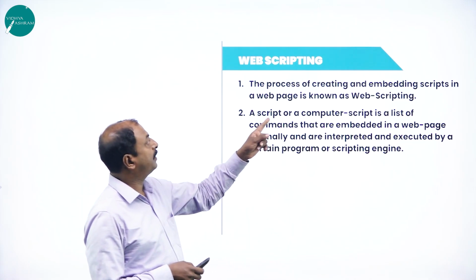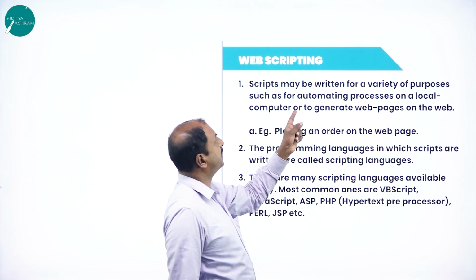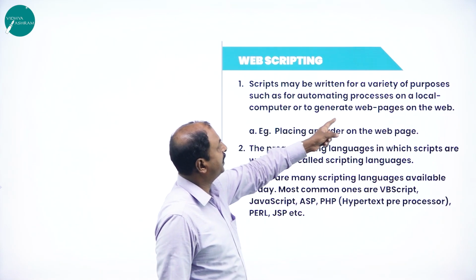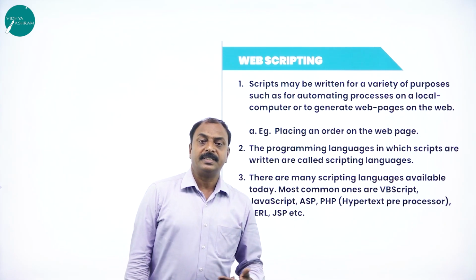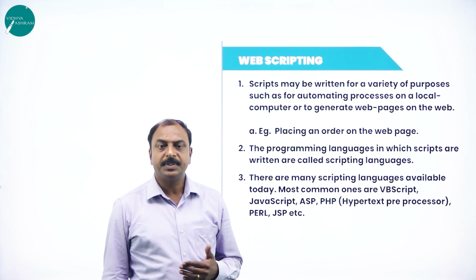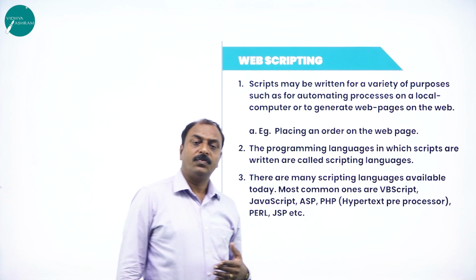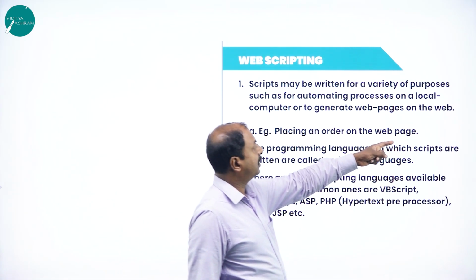That is web scripting. Scripts may be written for a variety of purposes, such as for automating processes on a local computer or generating web pages on the web. So web scripts can be written for a variety of applications within a web page, for example, placing an order on the web page.